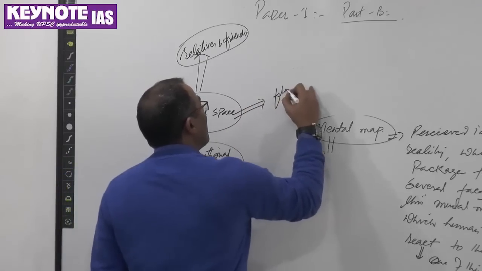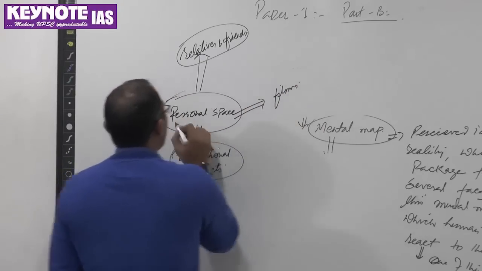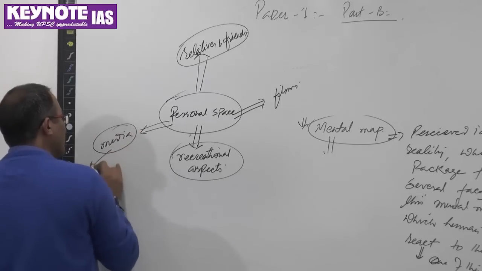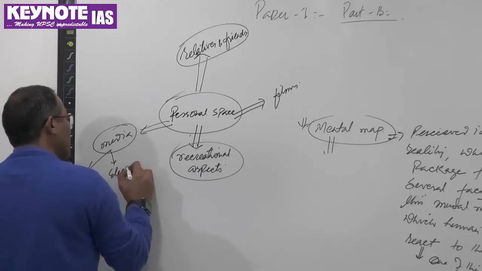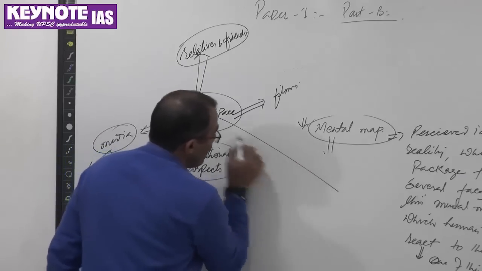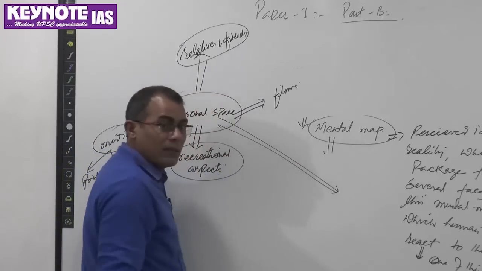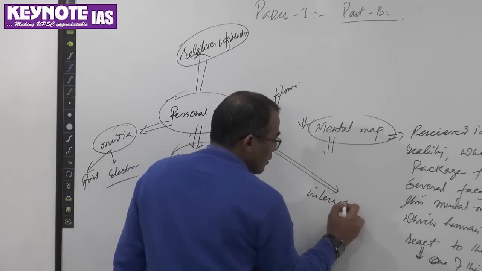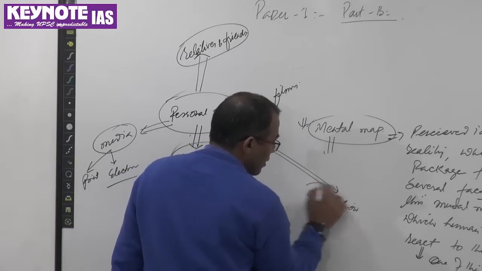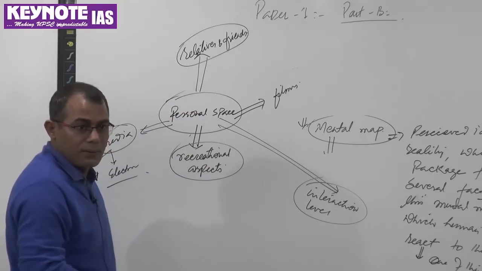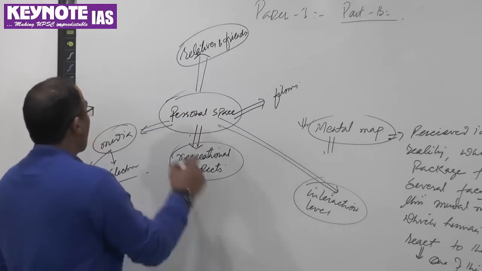Then you have films. Then you have media. In media itself you have print media, electronic media, etc. Right? Then you go far off places. Right? So interaction. That is level of interaction with the different society. Right?